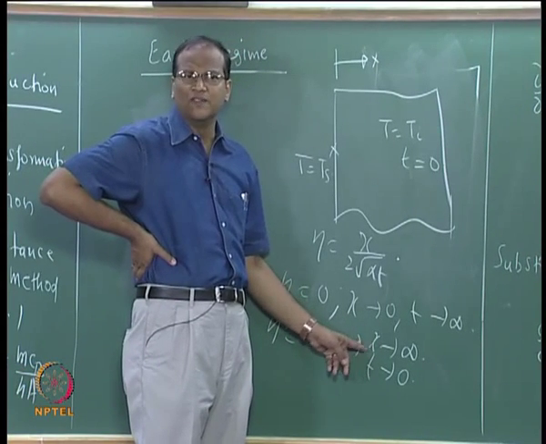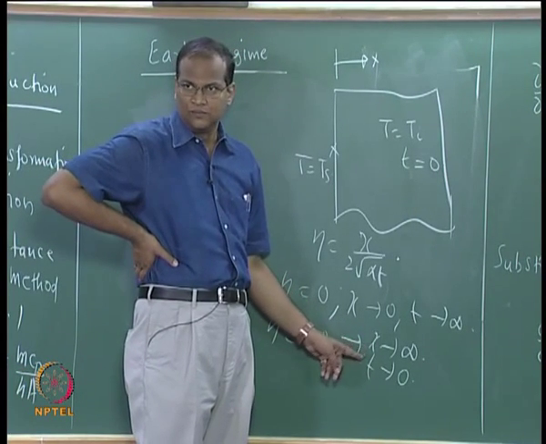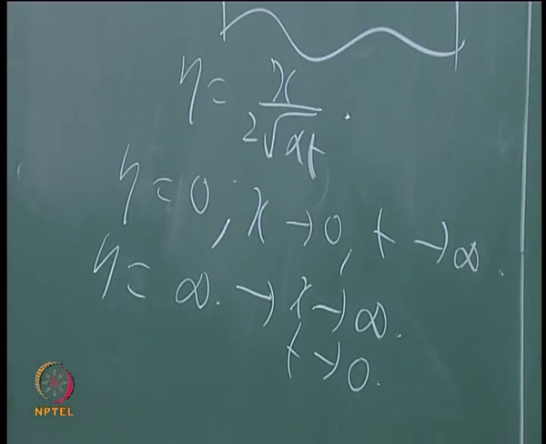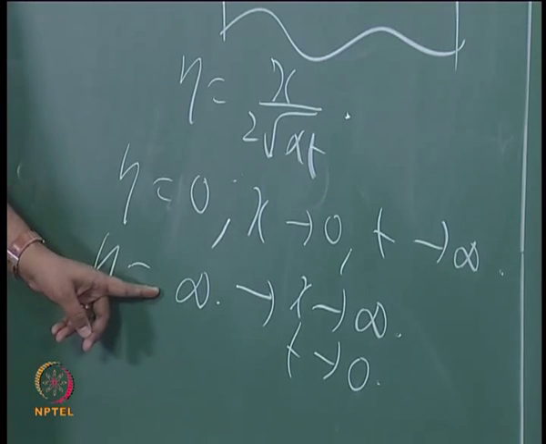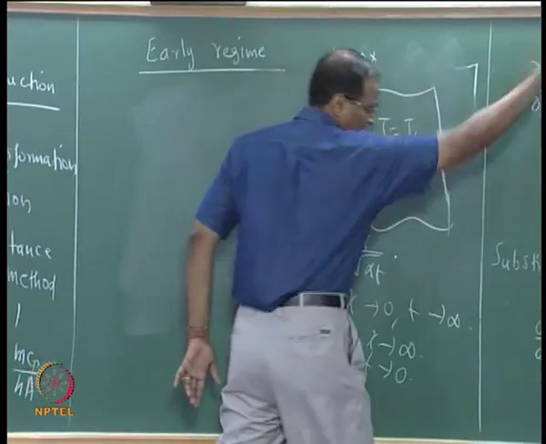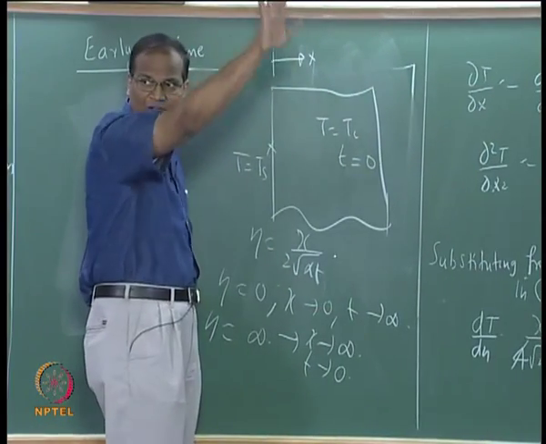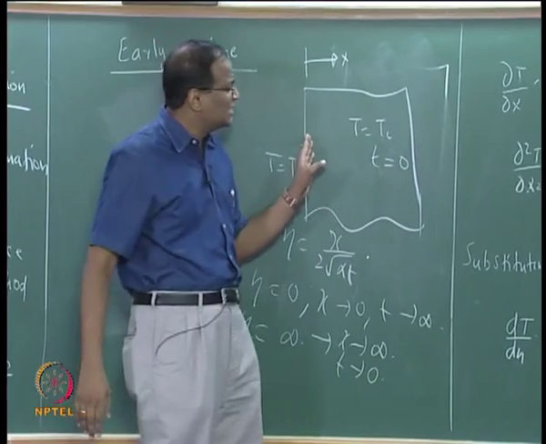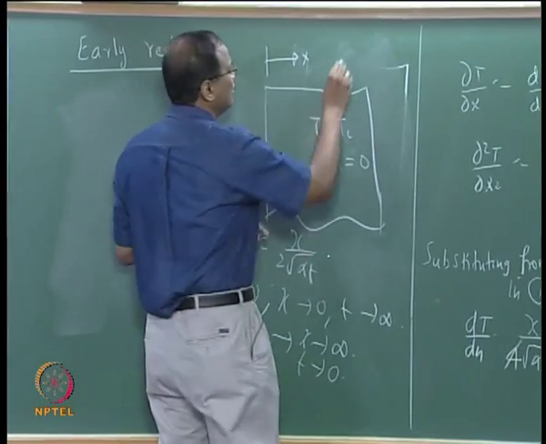See the beauty of this. Please look at the board. Eta tending to infinity means somewhere further. Assume that this is called a semi-infinite slab. That's why it's called a semi-infinite slab.